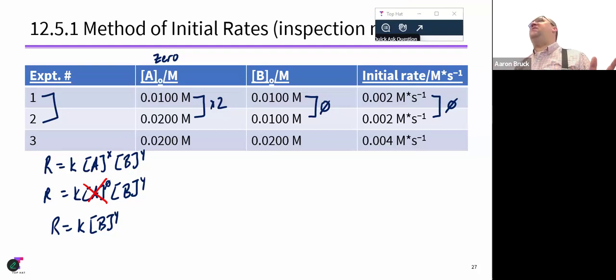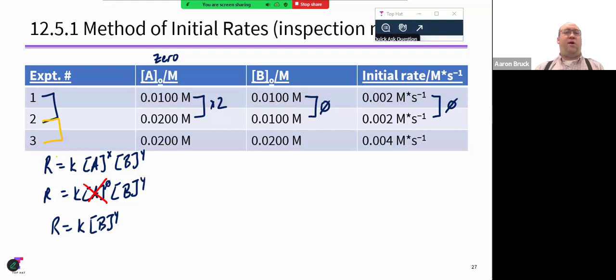But let's just pretend for the sake of argument that we couldn't. Let's pretend that we had a first order kind of determination there. What would we do? Well, we would do something like this. My next thing would be to compare runs 2 and 3, because in runs 2 and 3, I can see that A is not changing and B has increased by 2x, and that's not showing up on the screen very well.